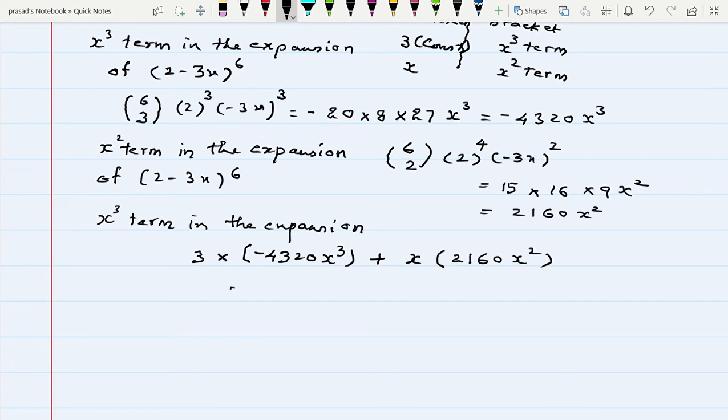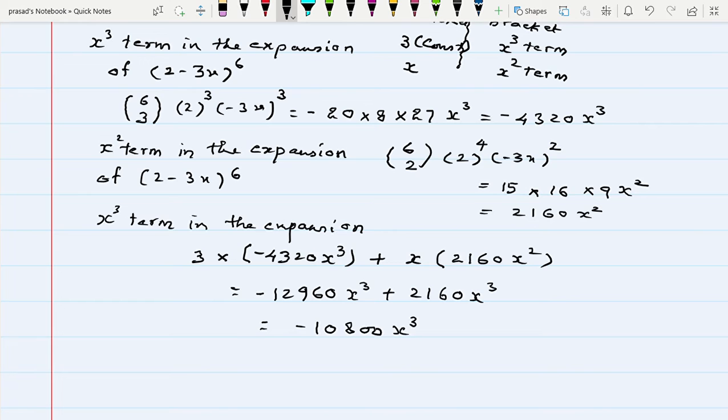So that gives you minus 12960 x cube plus 2160 x cube, and that is minus 10800 x cube.